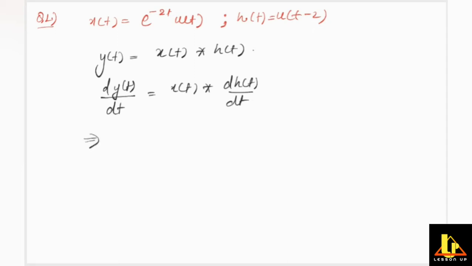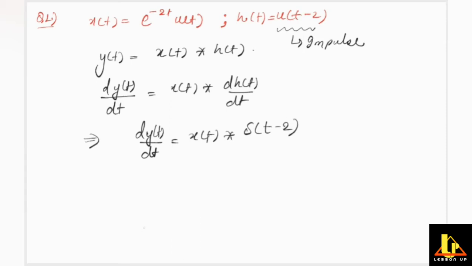Now first we will find dy of t by dt. So this will be equal to x of t convolution h of t, that is u of t minus 2. So differentiation of unit step is impulse, right? So you will get delta t minus 2.